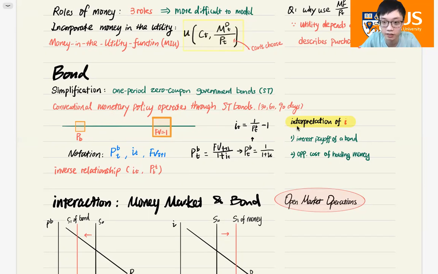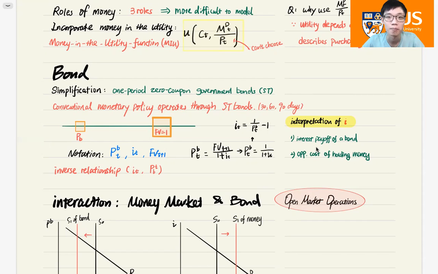And the interpretation of this i here, because we derive a lot of things: i is the interest payoff of a bond. But we can see an alternative interpretation of it. That's the opportunity cost of holding money. What can you do with holding money?